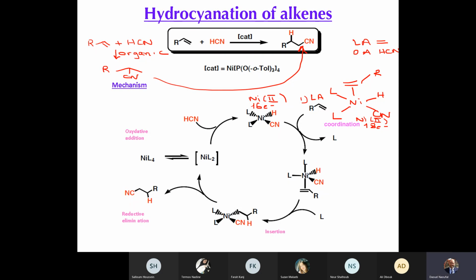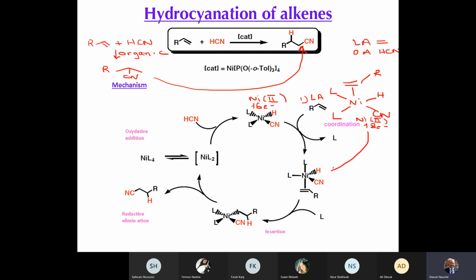The second step is to add HCN. When we add HCN, the HCN could be added only by oxidative addition. And the condition of the oxidative addition is that the metallic center should be D2 or greater. This is the case of nickel 2. And it should have a vacant site. This complex is 18 electrons, so it could not be added. So we have to dissociate.